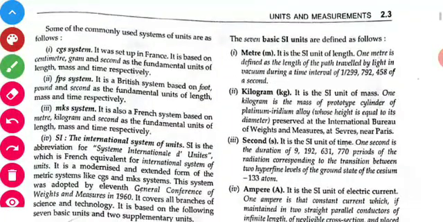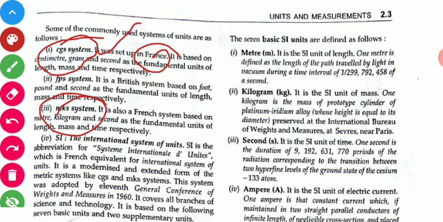Now students, our first system is the CGS unit system. There are two systems which were set up by France, that is CGS and MKS, and the FPS system was set up by the British.